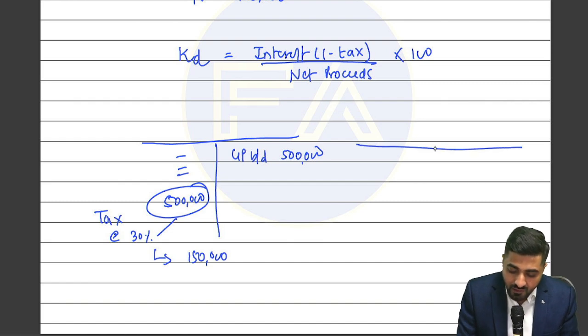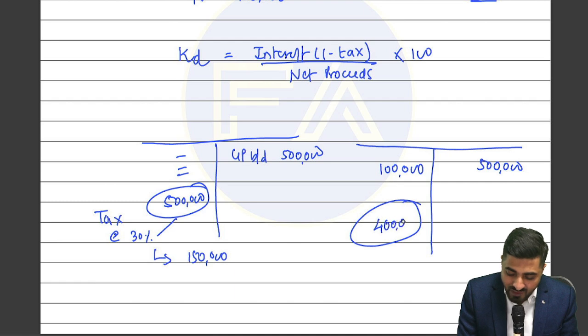But if my profit is 5 lakh and I'm paying interest of rupees 1 lakh, then I will be left with a profit of how much, beta? 4 lakhs. On 4 lakhs I have to pay 30% tax, that is nothing but 1,20,000.